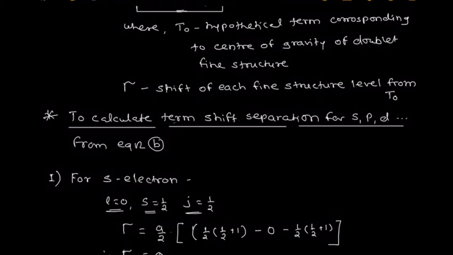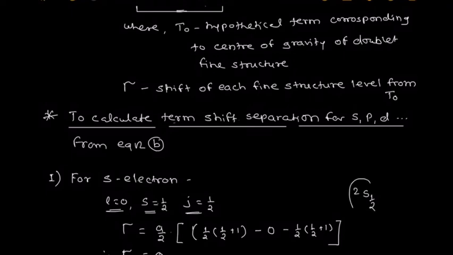Half. Since a negative value we cannot introduce for J, hence J equal to L plus S means only half. Hence only one orientation of J is possible for the s electron and therefore the state, as we wrote earlier, is the doublet S half.